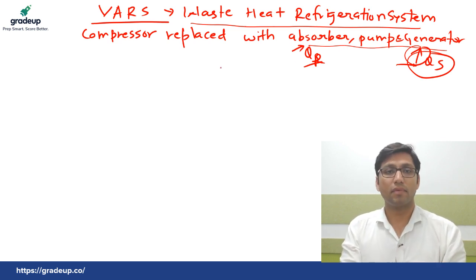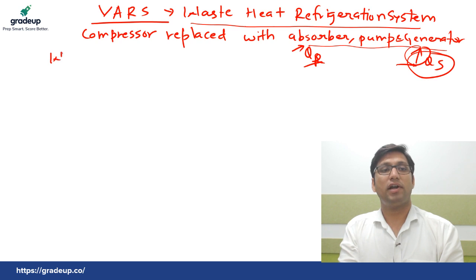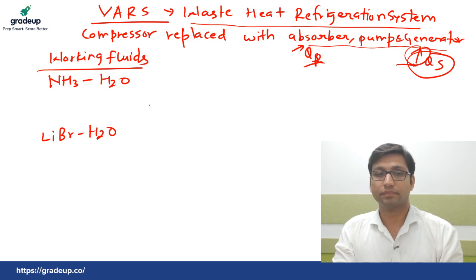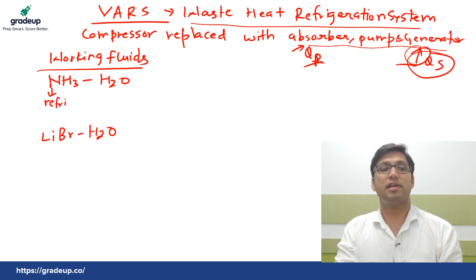Okay. So the working fluid used is a combination of either ammonia and water, or a combination of lithium bromide and water. In the ammonia and water working fluid, ammonia acts as the refrigerant and water acts as the absorbent.